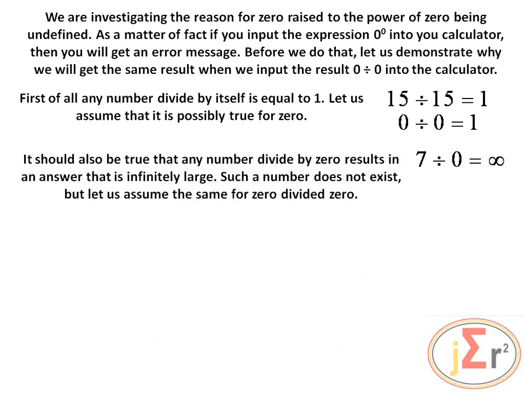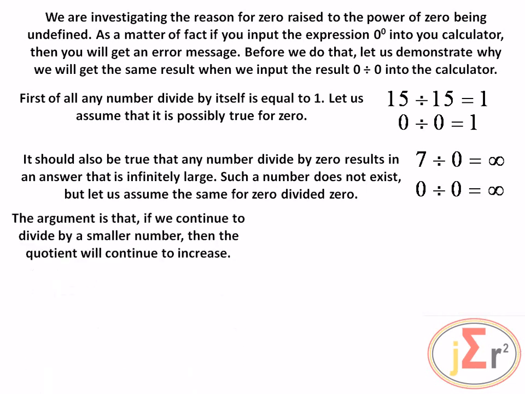It should also be true that any number divided by 0 results in an answer that is infinitely large. Such a number does not exist. But let us assume that the same is true for 0 divided by 0. So 0 divided by 0 is equal to infinity also, because any number divided by 0 results in a number that is infinitely large or indefinitely large.